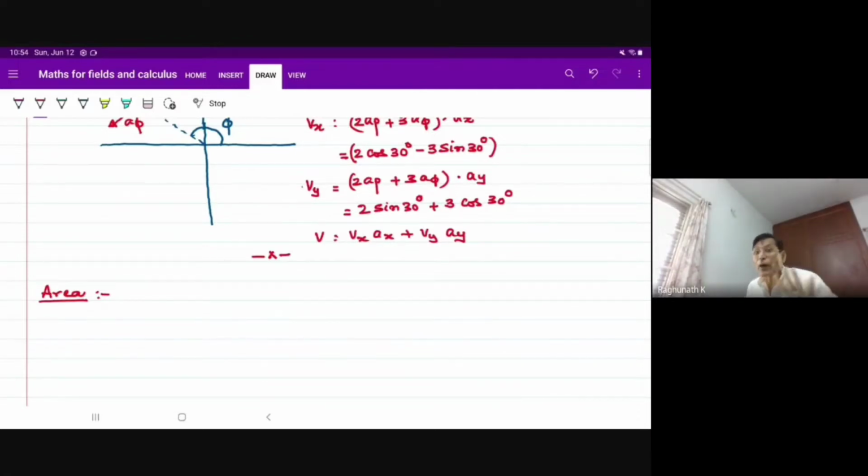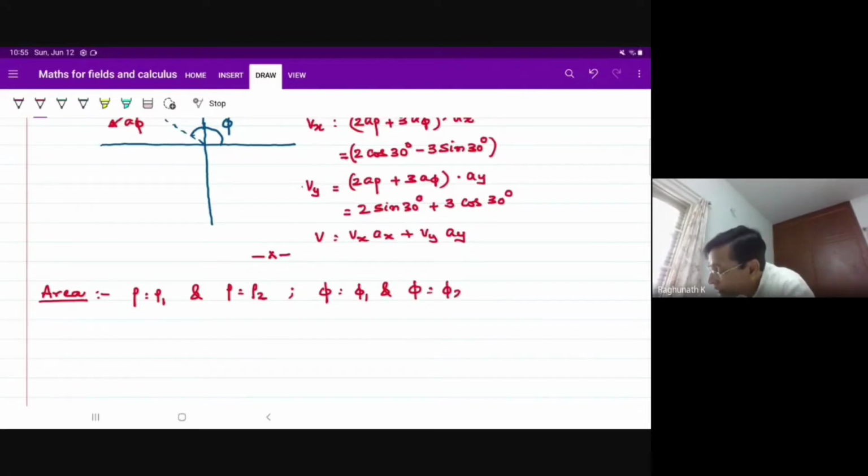may be the area of the part of a circle, defined in the circular plane. Area bounded by rho equal to rho 1 and rho equal to rho 2, it's a lamina, and phi equal to phi 1 and phi equal to phi 2, is the normal area that we try to compute.